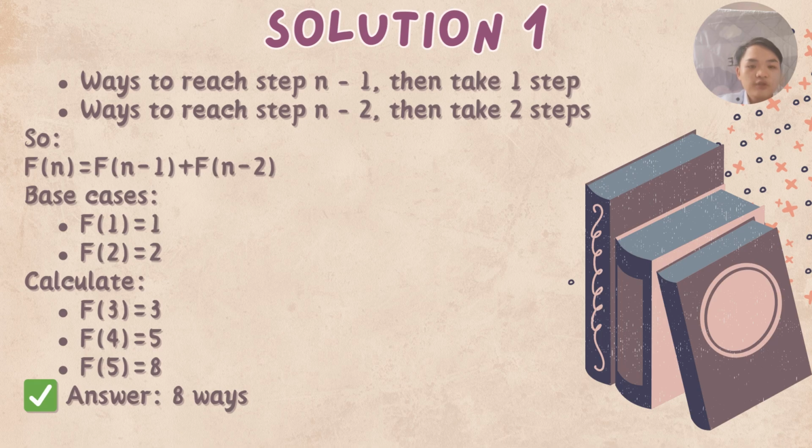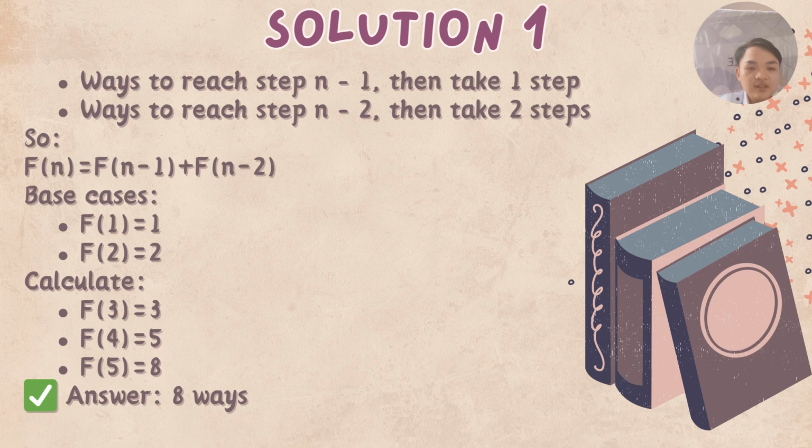Now based on the base cases and the formula, we can calculate f3, f4 and f5. For f3, based on the formula, f3 equals f2 plus f1, which is 2 plus 1, which is 3. And f4 is f3 plus f2, so f4 equals 3 plus 2, which is 5 ways.